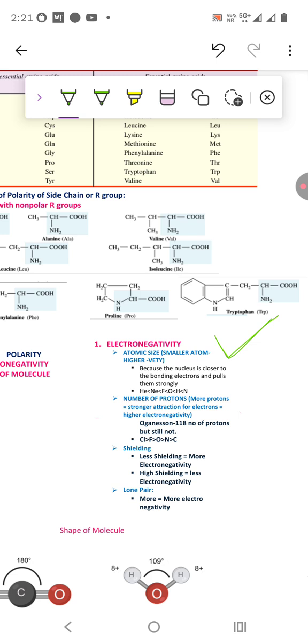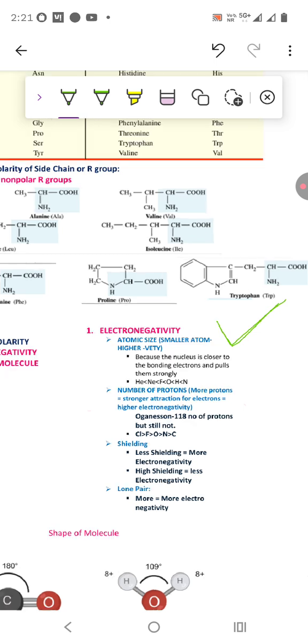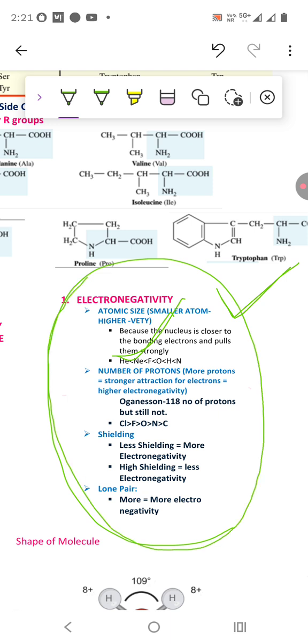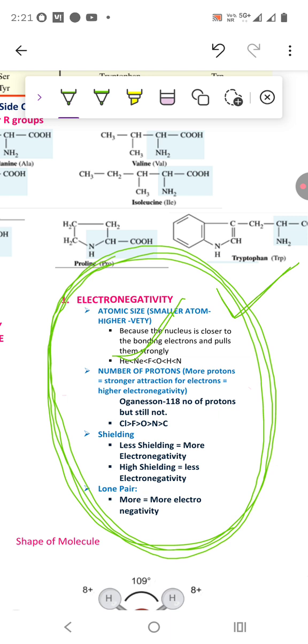Next, number of protons. Look here. Helium is super small, but helium is not highly electronegative. Why? Because all these factors must be considered. An atom should possess all these factors to classify as electronegative.